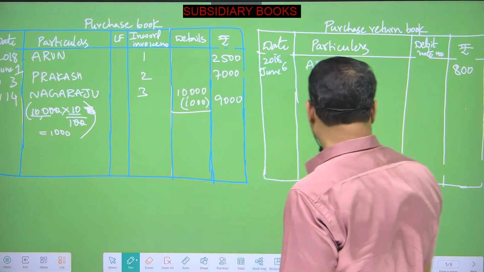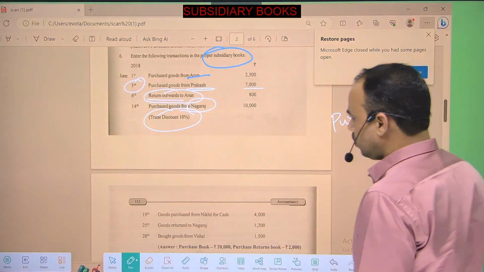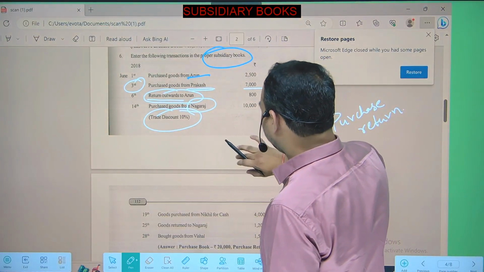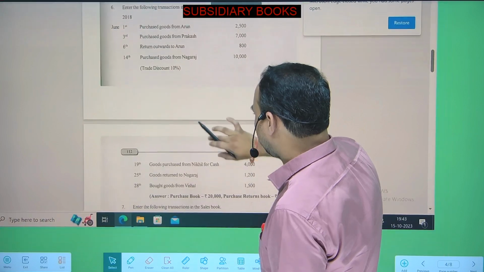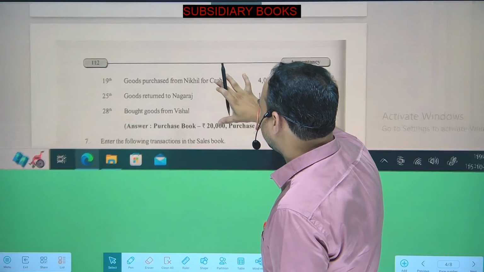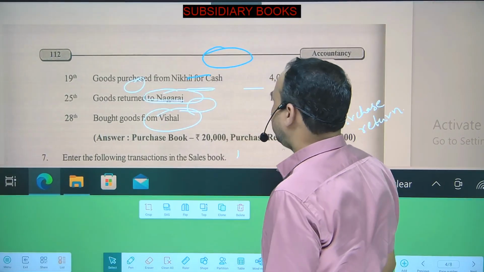See one more transaction. Here, 19th date.